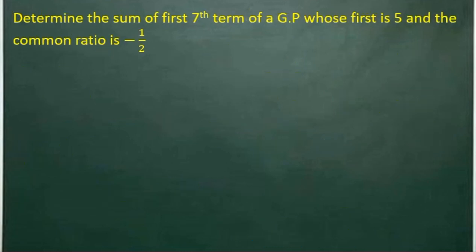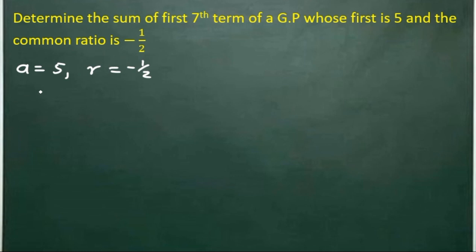Now let's take a look at the last question before we bring this section to an end. Determine the sum of the first 7 terms of a geometric progression whose first term is 5 and the common ratio is -1 over 2. From this question, the first term is given to be 5, the common ratio r is given to be -1 over 2.